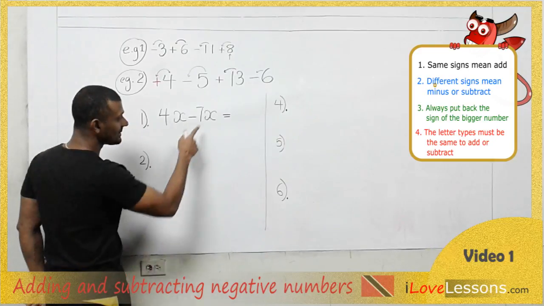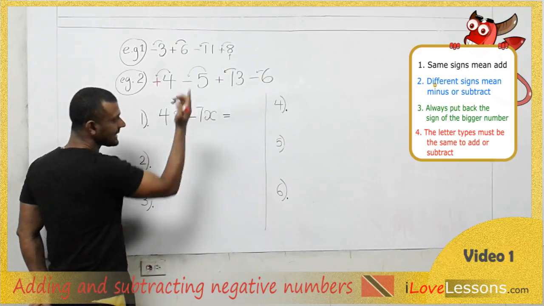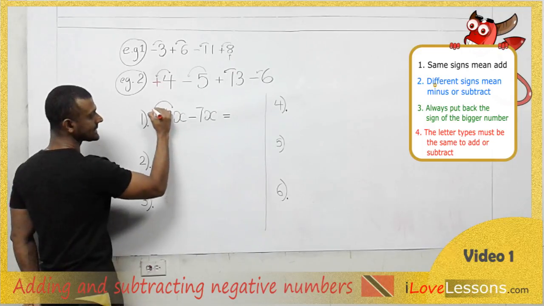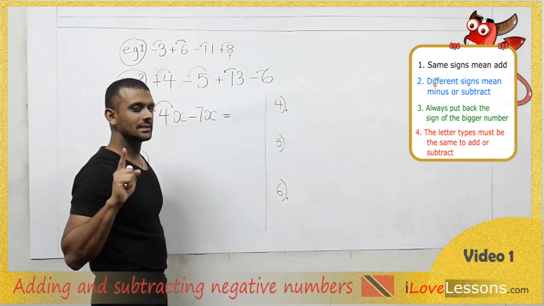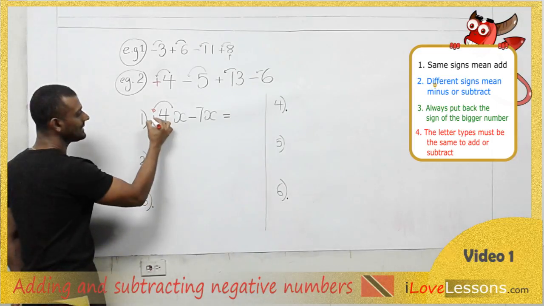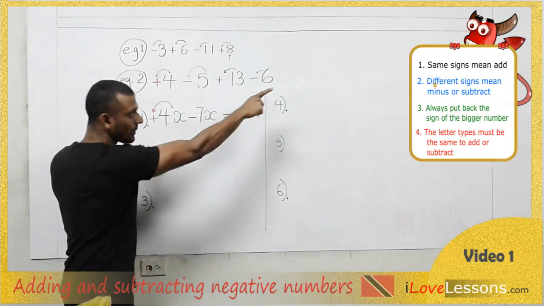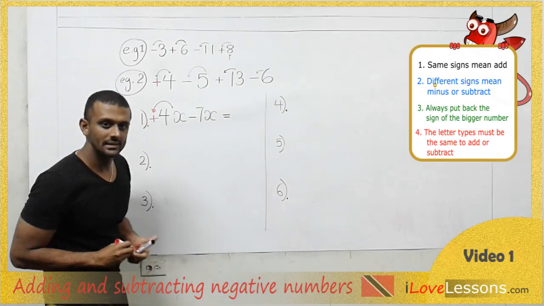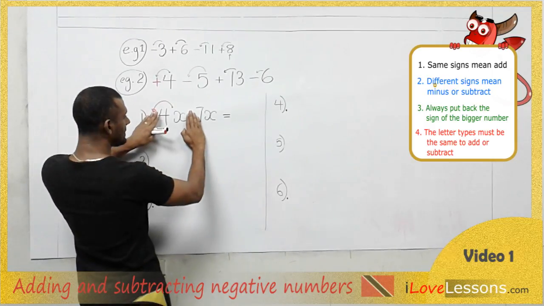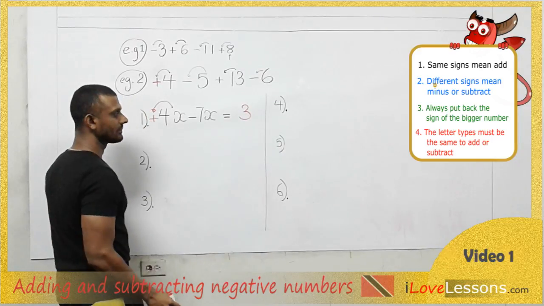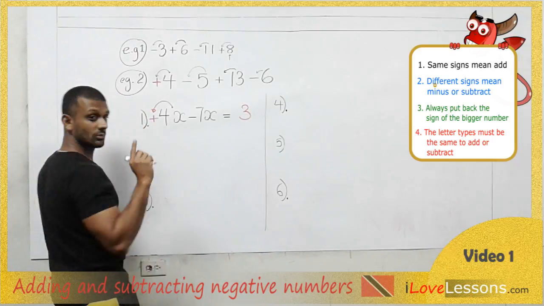Let's get the signs now. The 7x is clearly negative because we look to the left. The 4x, you don't see anything, so that means it's what? Automatically positive. Different signs, according to rule 2, mean what? Minus. If we have 7 and 4 and we minus, we will get 3.